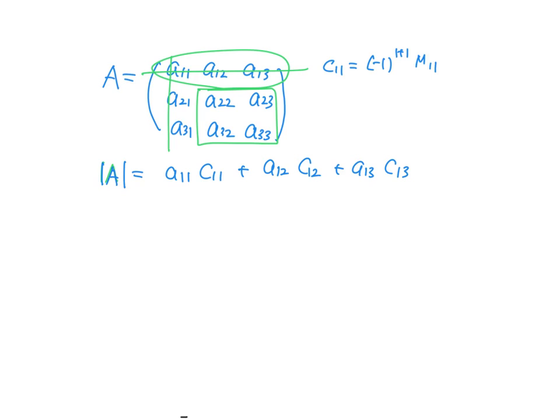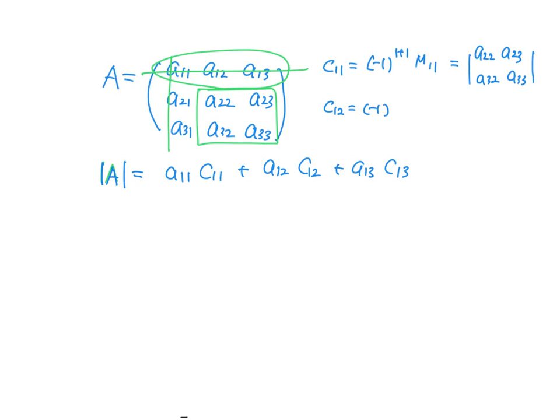Minus 1 to the 1 plus 1 is plus, right? And so this is A22, A23, A32, A33. Let's just write it down that way for now.